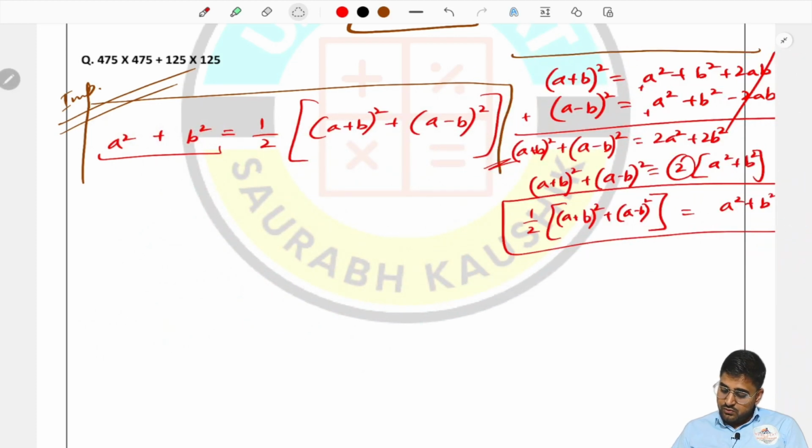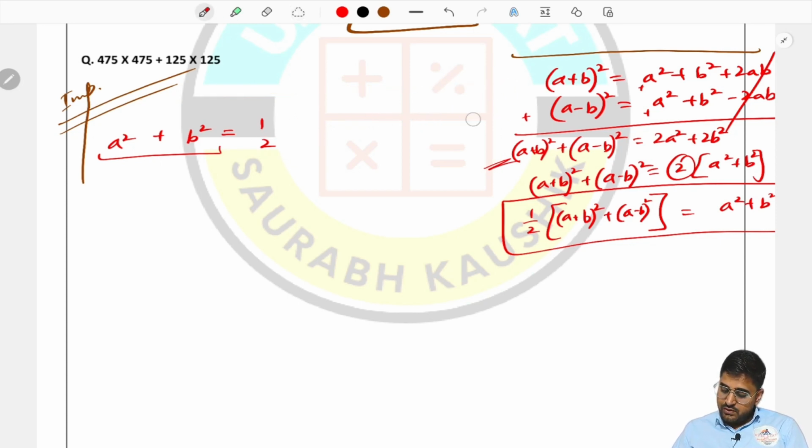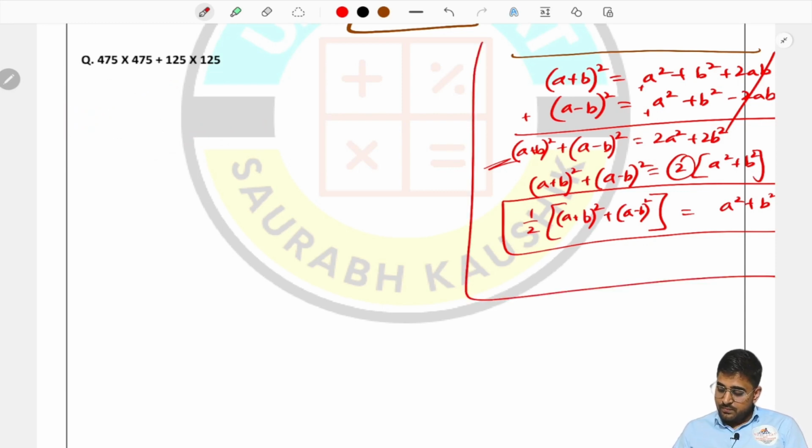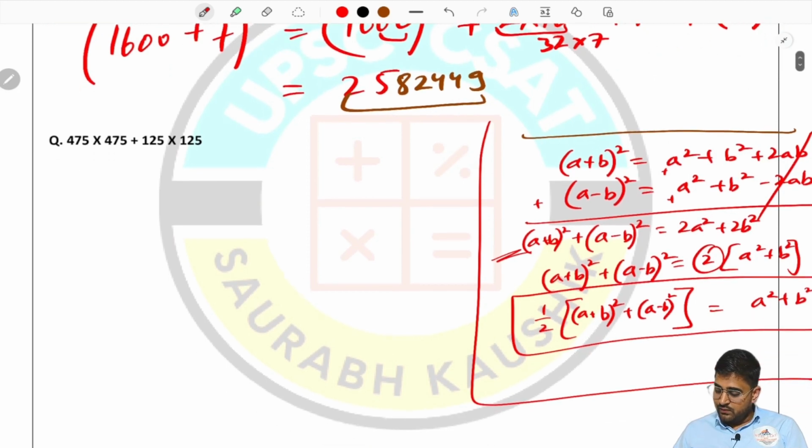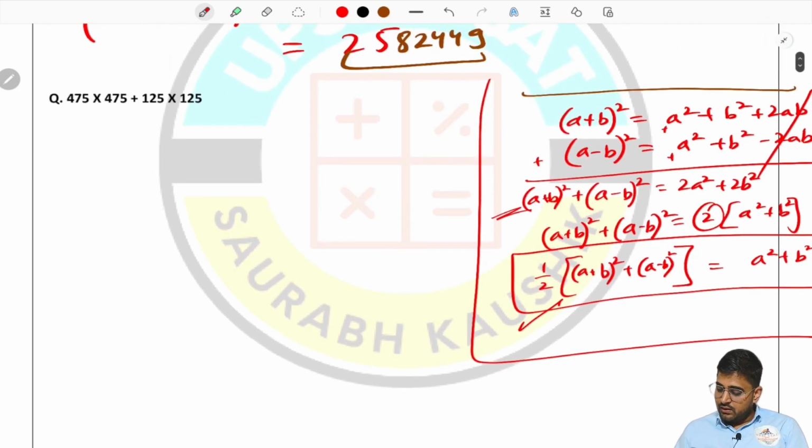Let me solve this question now. Now solve this question. What we required is this property. Put the values, no issues. Half of a is 475.